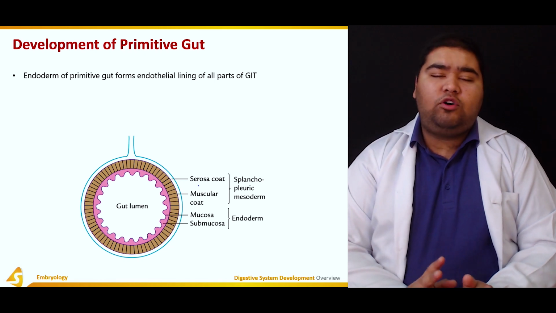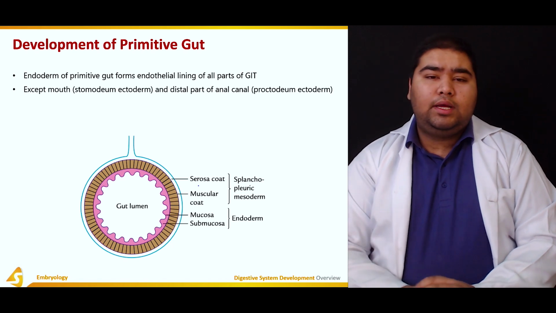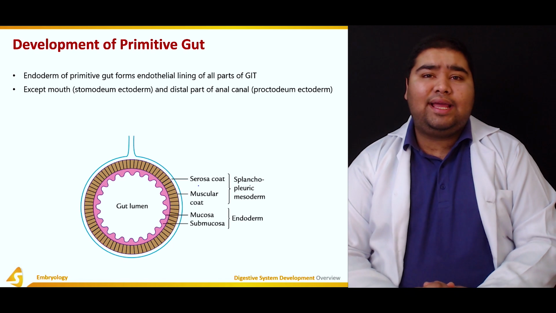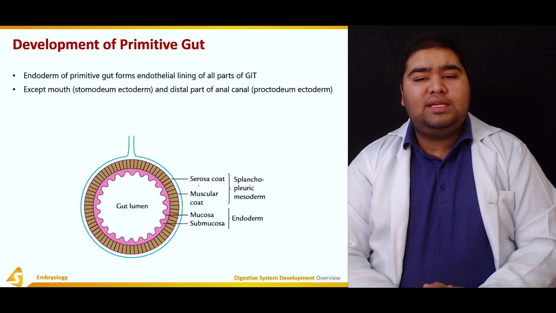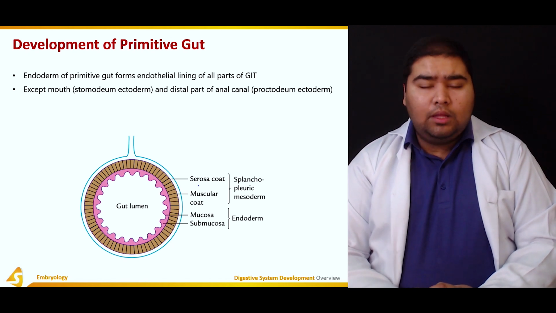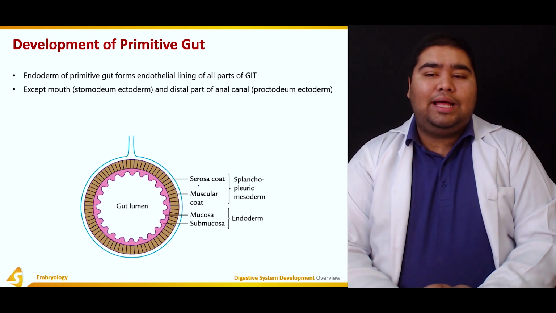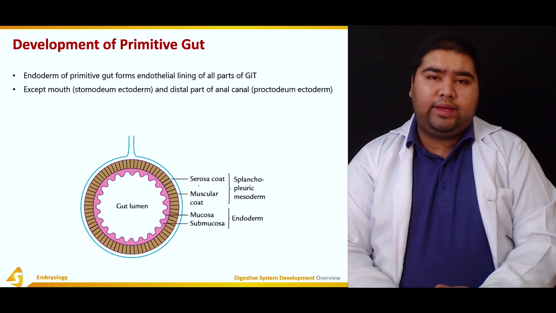This happens all around the gastrointestinal tract except for the stomodeum, where the ectoderm forms the epithelium, and also the distal part of the anal canal, which I mentioned earlier was formed by the proctodeum, and in this section also the ectoderm is responsible for forming the epithelium.